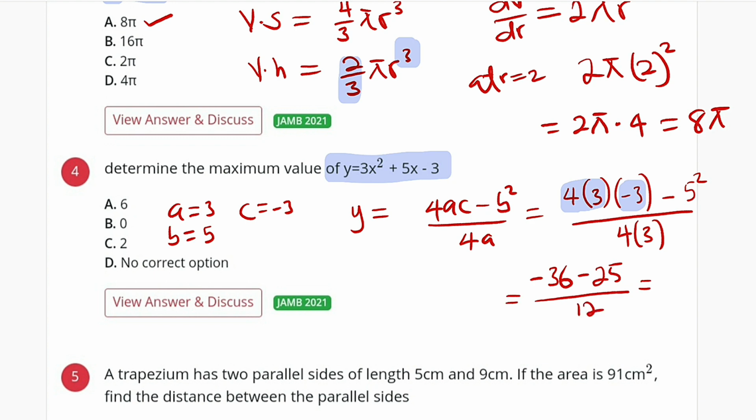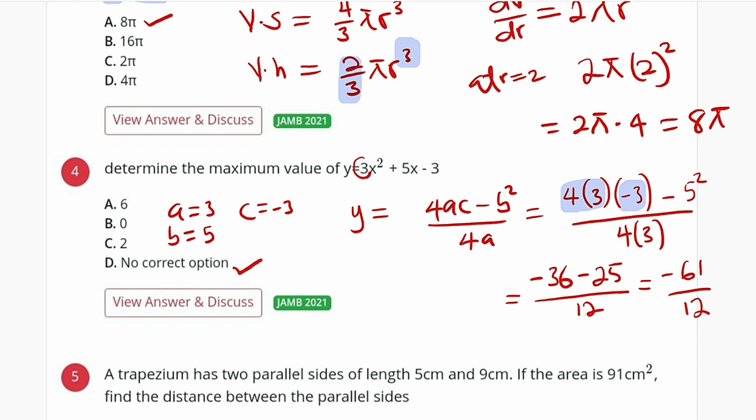This is equal to negative 36 minus 25, which is negative 61, divided by 12. So actually, this quadratic equation has a minimum value, not a maximum value. And you can see even from the options, we do not have anything that corresponds to negative 61 divided by 12. Hence, we can take option D, no correct option here.